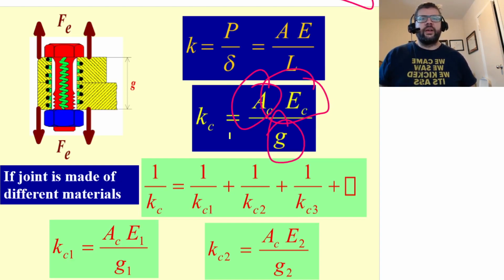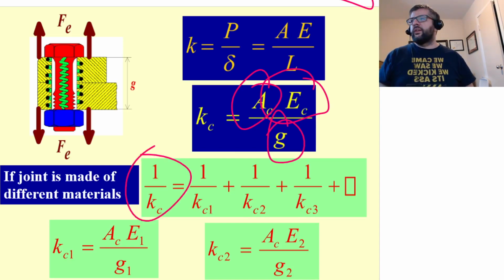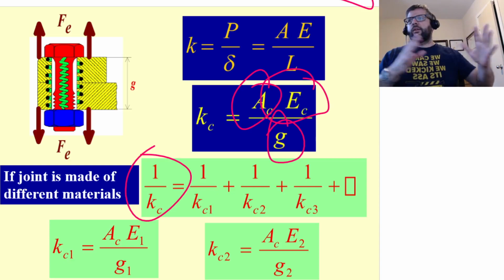That having been said, if you're bolting things together, they could be of different materials, so they can have different thicknesses and different stiffnesses. So you just need to figure out a way to combine those together. It's just like this: 1 over the overall effective Kc is equal to 1 over the Kc for each individual section, added all up.